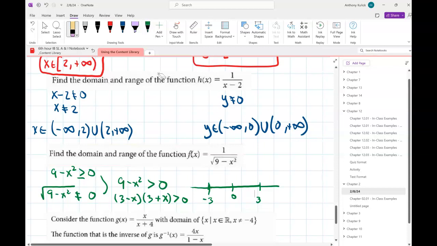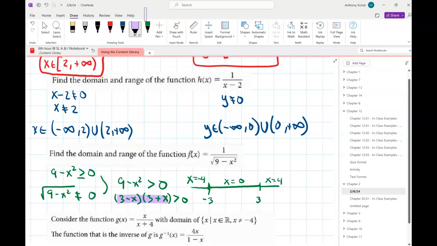I'm then going to draw like a sign diagram. So I'm going to pick an x that's less than -3, between -3 and +3, and then greater than 3. And I'm going to plug those in here and see if I get positive or negative values.